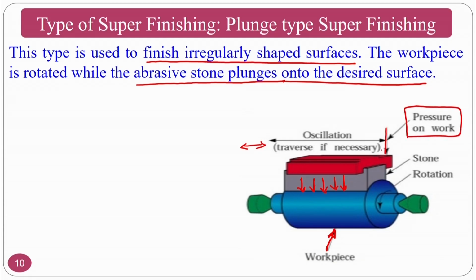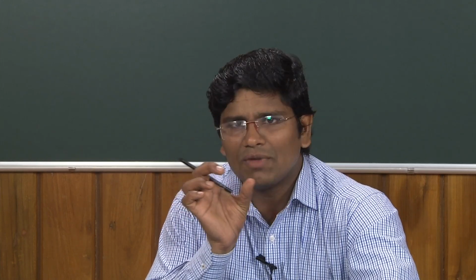Okay. So, like this the pressure will be given. Okay. This is a stone, and whenever the pressure is applied, the stone puts some normal pressure on it, and not only the normal pressure, it also reciprocates very small distances, but with very high frequency. That is what we have seen in the previous slides.